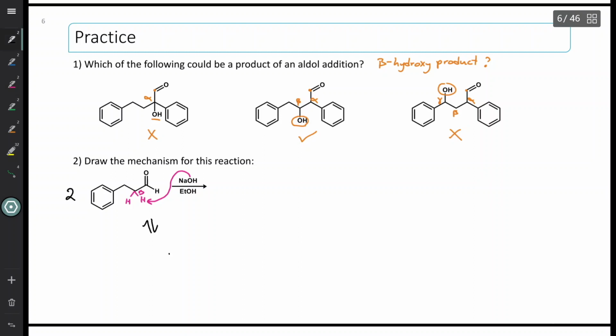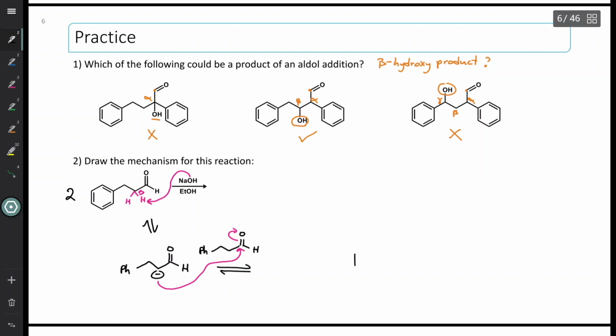This is all reversible. So there's our negative charge. Now this is where we have a second one of our starting molecule that's going to act as the electrophile. So now our newly formed enolate is going to come in and attack another one of the same aldehyde.